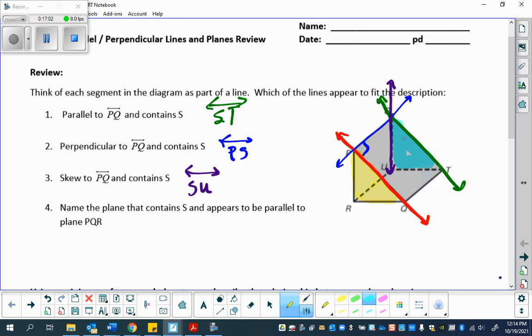When I go to write the name of the plane, you only need 3 letters. So we can call it plane S-U-T. And if you called it S-T-U, that's fine, or T-U-S, or T-S-U. It doesn't matter as long as those 3 letters are included.